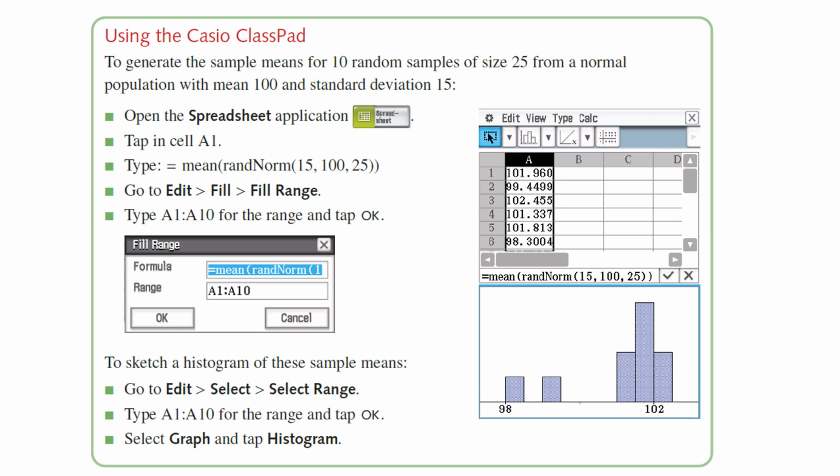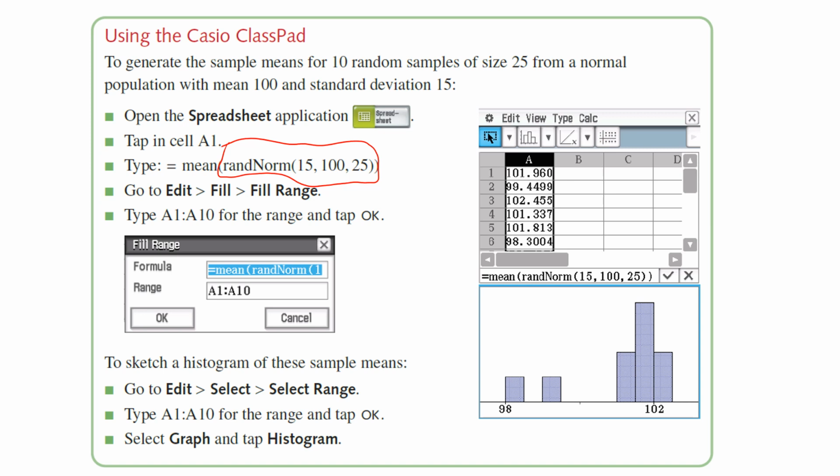Now one way to answer that question is to simulate the data, and we can do that using our Casio, which is quite a clever device. If you go into your spreadsheet application, what we're going to do is use randNorm. You don't actually have to do this unless you really want to.